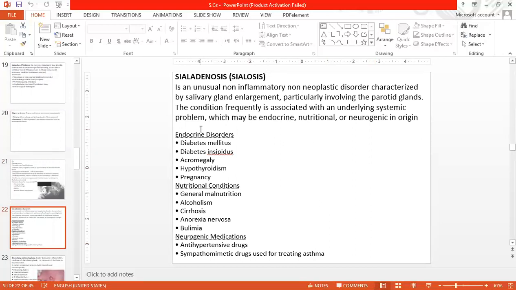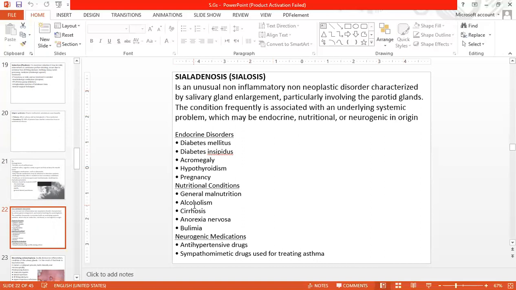For sialosis, which means non-inflammatory enlargement of the gland, which may affect mostly the parotid gland, and the condition is frequently associated with underlying problems or systemic disease, maybe endocrine, nutritional, or neurogenic. For the endocrine disease, maybe diabetes mellitus, diabetes insipidus, or acromegaly.